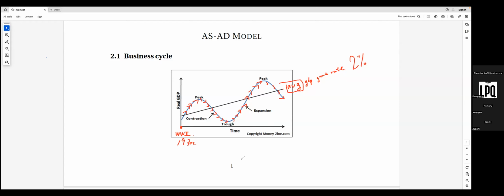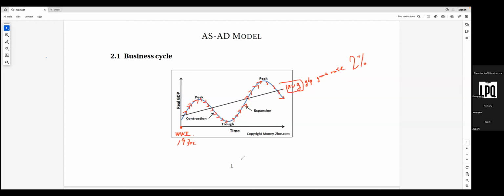What we learn from this graph is that almost every country experiences these fluctuations in aggregate economic activities. No one can grow forever. We will experience these 100% fluctuations, ups and downs.